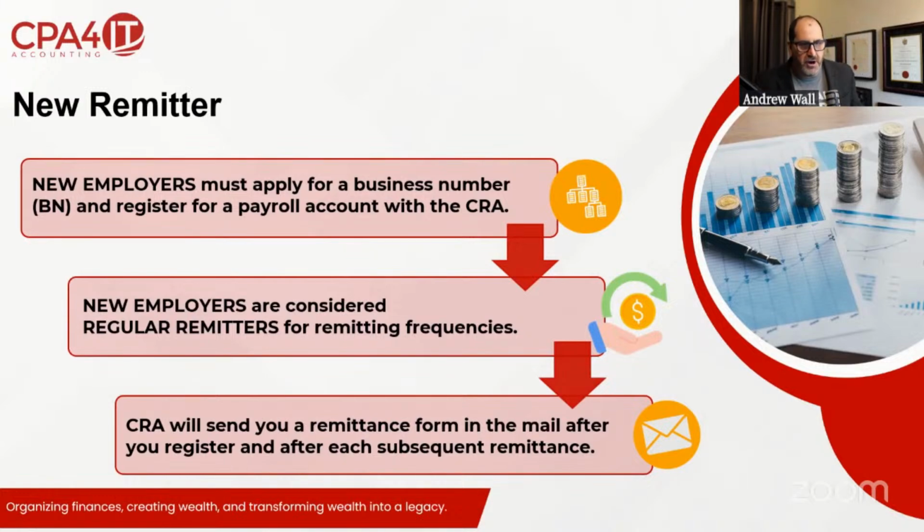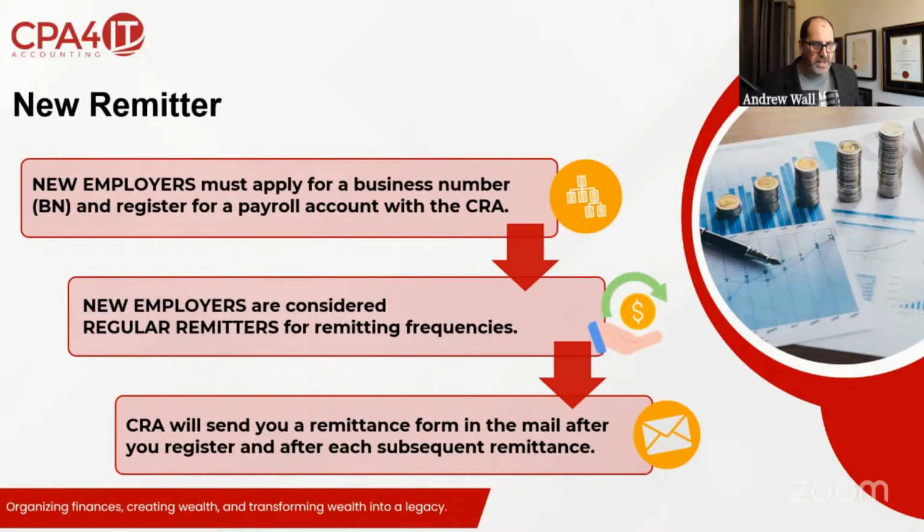We will not have set up your payroll account with CRA, simply because you would have been getting notifications every single month saying, hey, where's your payroll remittance? And usually it's not required, because your payroll account will be created automatically as soon as you go online and make a payroll remittance.